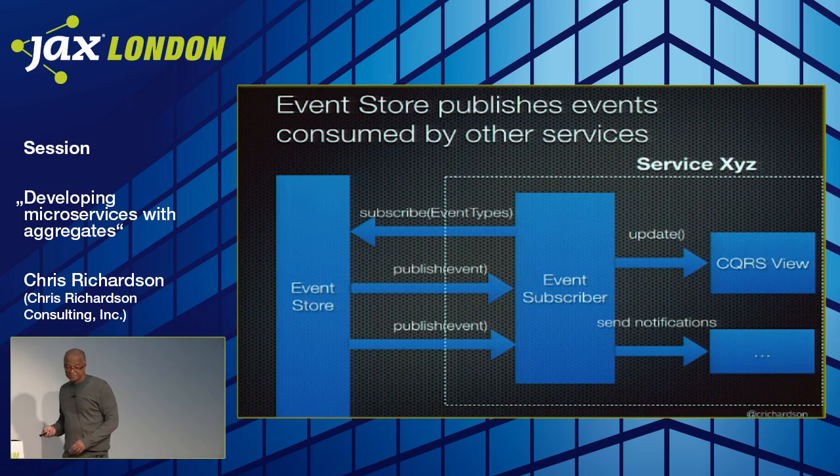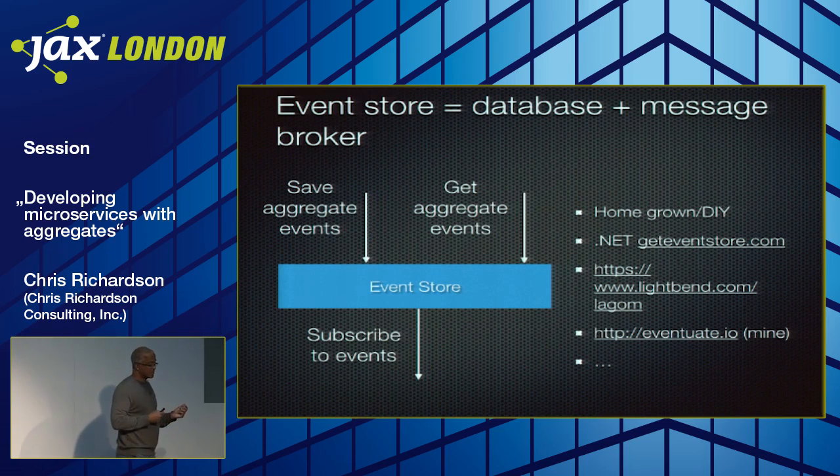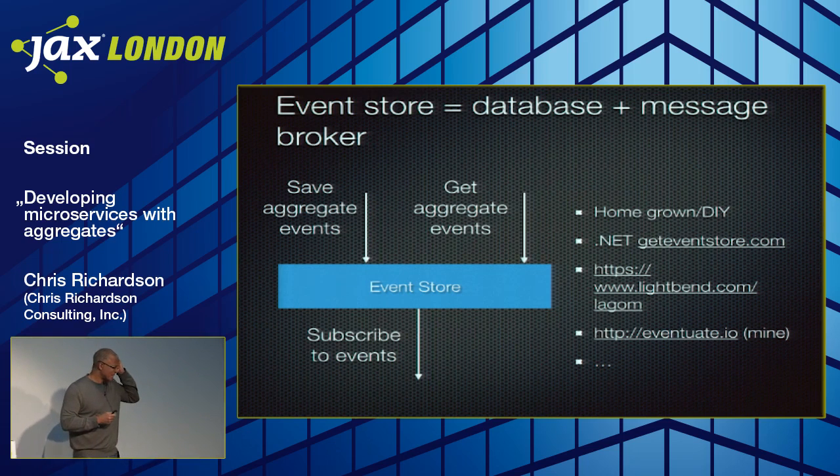Completely arbitrary. So the event store itself is basically a database in the sense that it has an API for inserting events by primary key and retrieving events by primary key. And it also is like a message broker because it has a way of subscribing as well. And there's a variety of solutions for doing that.